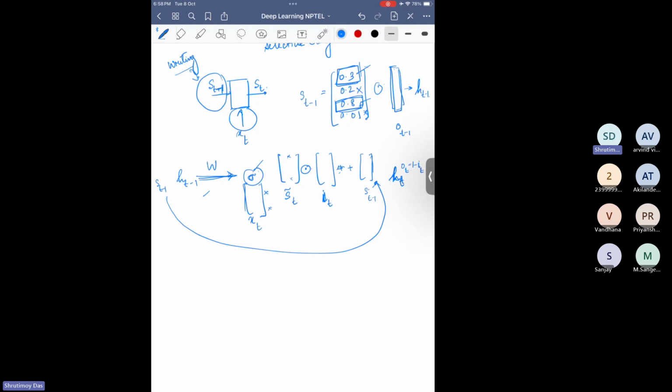So IT is what you want to keep here, or what you want to forget here, and 1 minus IT is what you want to keep here. So GRUs are just a type of LSTMs, you can say, and these are called gates. These IT, OT are called gates because they check what information is coming in and what information is going out. That's why they are gates.